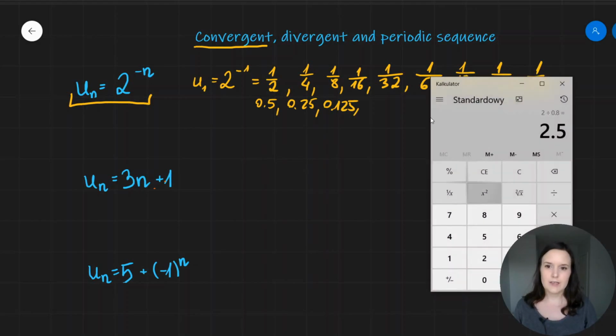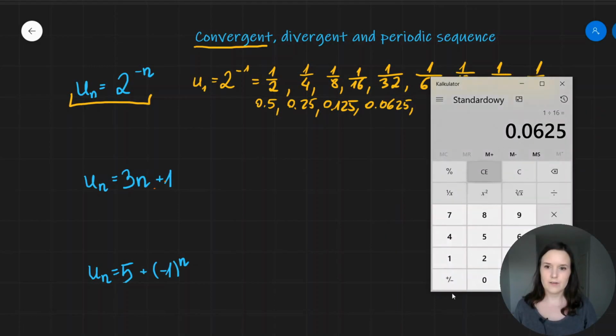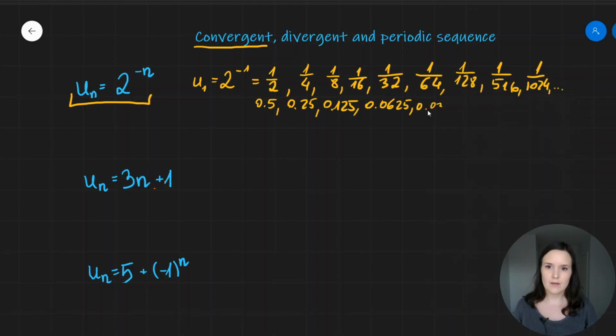We can use a calculator. 1/16 is 0.0625, then 1/32, and so on, 0.03125, and so on and so on.